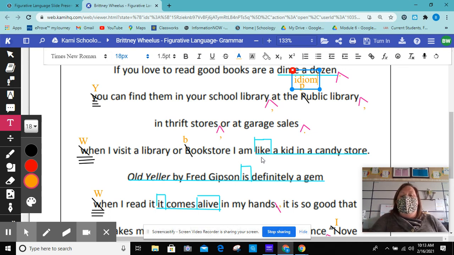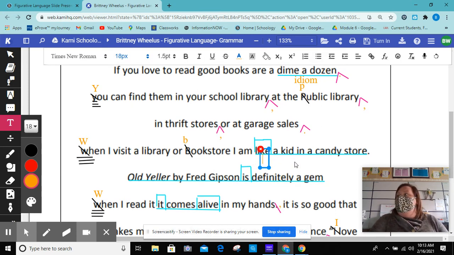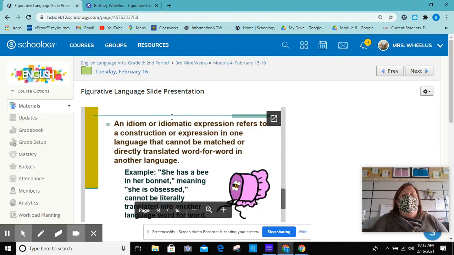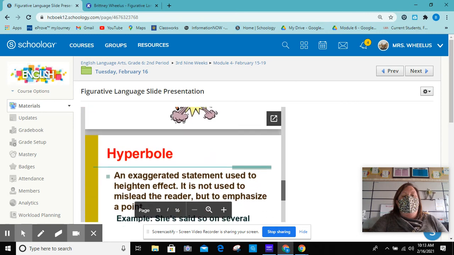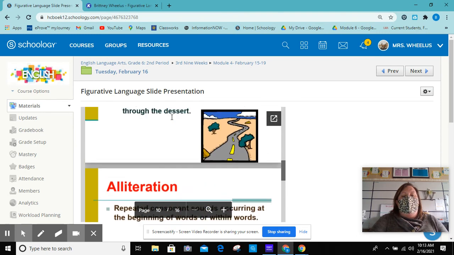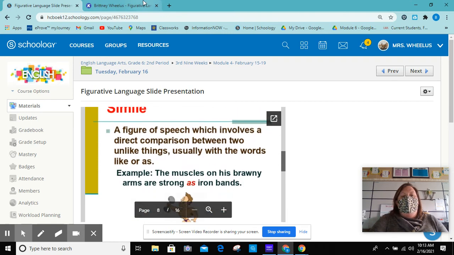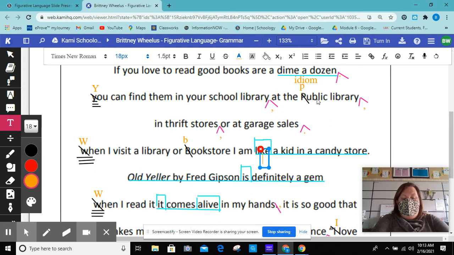What type of figurative language is this? It uses like or as. Is it personification or metaphor? Or simile? All right, simile.